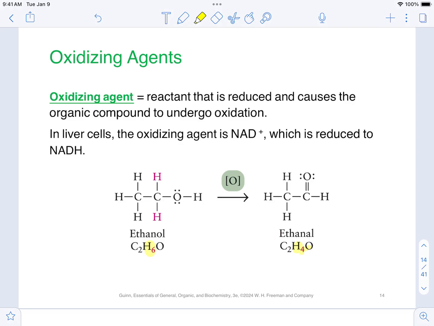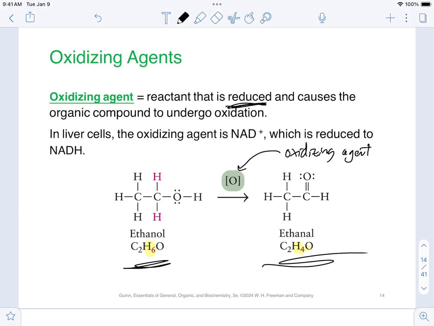Since your H's went down, you know that was oxidation. This O in brackets means that there is an oxidizing agent there. And your oxidizing agent, again, gets reduced. Because we know that is reduced, we would know that this gets oxidized, because if you have one, you have to have the other as well.